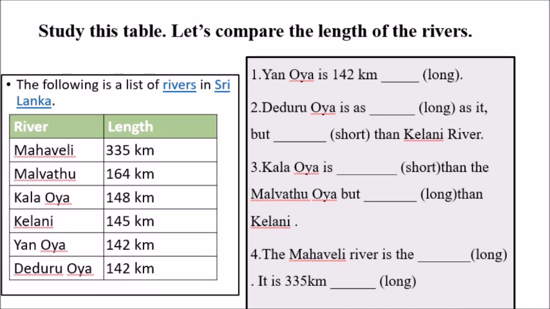Number 2. Dadruoya is as blank as it, but blank than Kelani River. Number 3. Kalaoya is blank than the Malwattu Oya, but blank than Kelani. Number 4. The Mahaveli River is the blank. It is 335 kilometers blank.